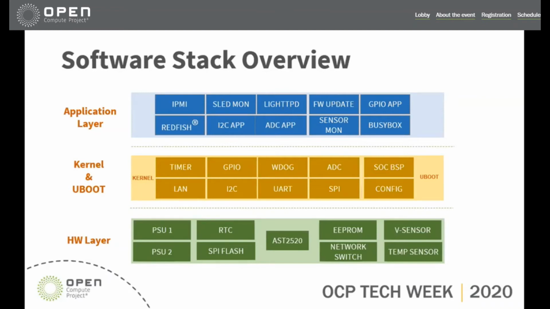Another application layer we have is in the form of lighttpd. This layer provides the web services. It is an open source web server optimized for speed-critical environments while remaining standards compliant, secure, and flexible. Next application layer we have is in the form of BusyBox.